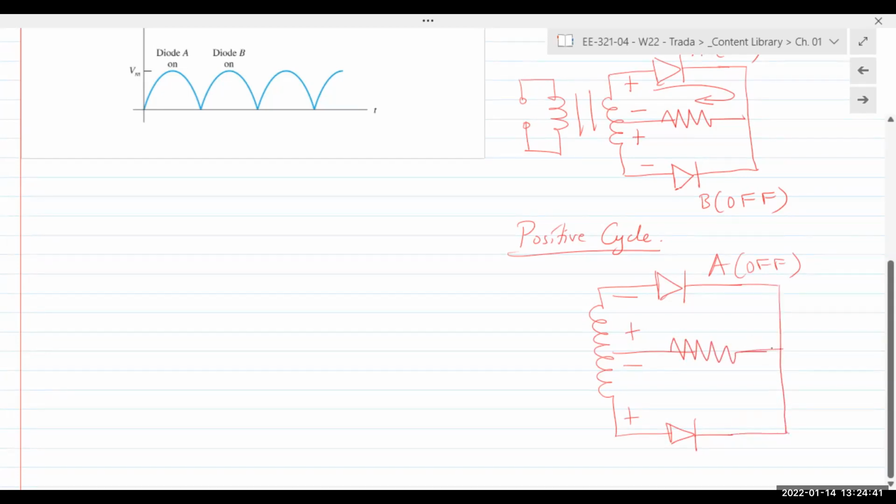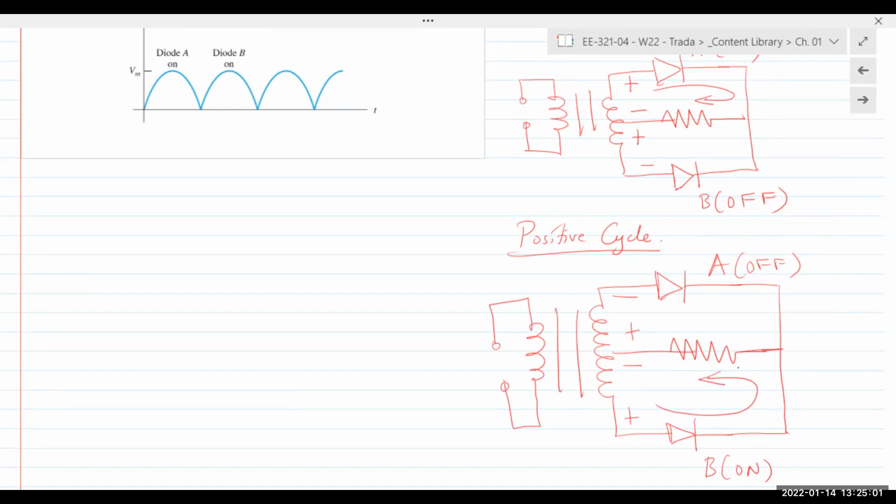So again, the current is flowing in the same direction, going from right to left. So for the load, there is no difference.